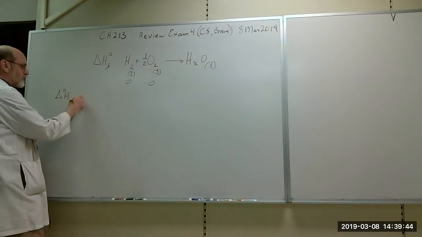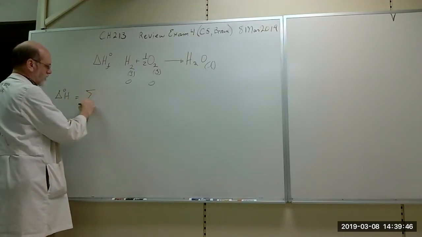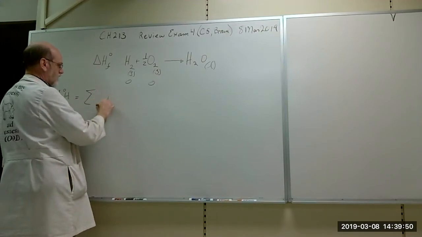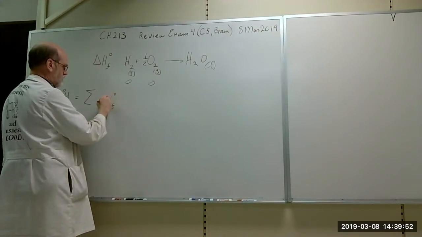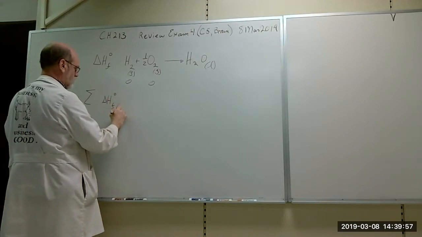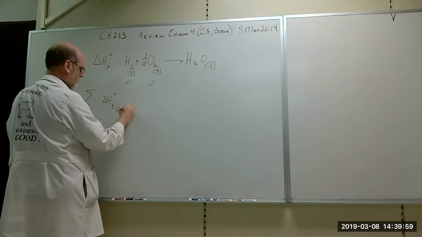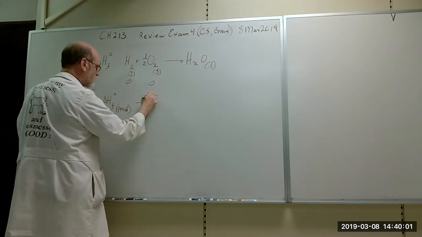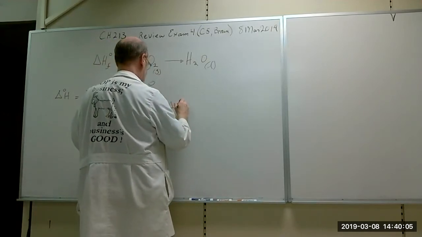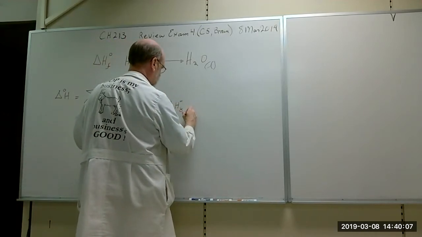And what you have to do is you sum up, that's what sigma means. You sum up the heats of formation for the products, and you subtract the sum of all the heats of formation of the reactants.